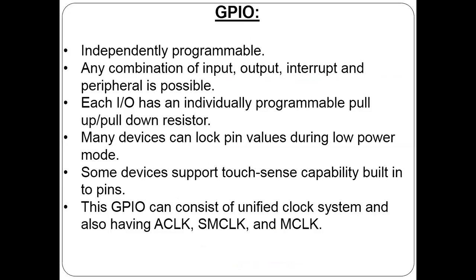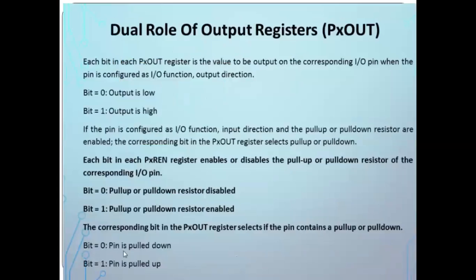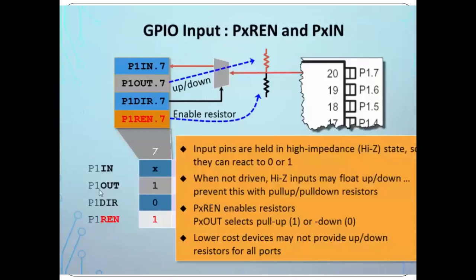And to deal with this pull up and pull down resistor, we have a register called REN. To enable them, REN is to be used. When REN equals 0, pull up or pull down is not enabled. When REN equals 1, then pull up or pull down is enabled. And to choose either pull up or pull down, here we use OUT. When OUT equals 1, pull up is taken. When OUT equals 0, pull down is taken.